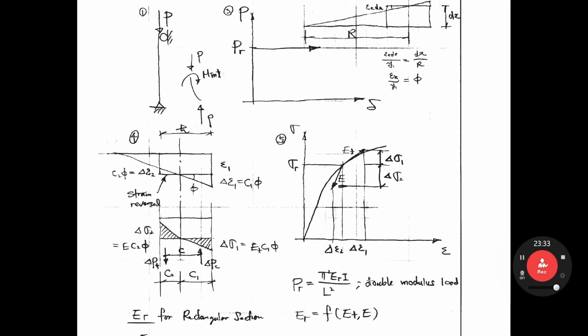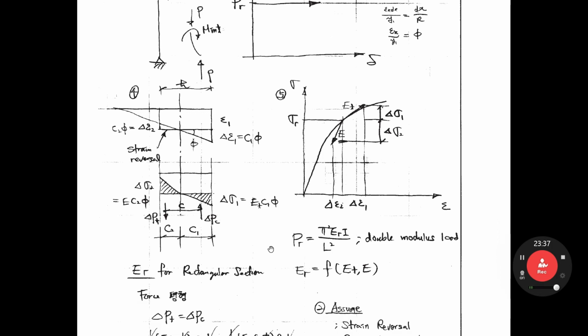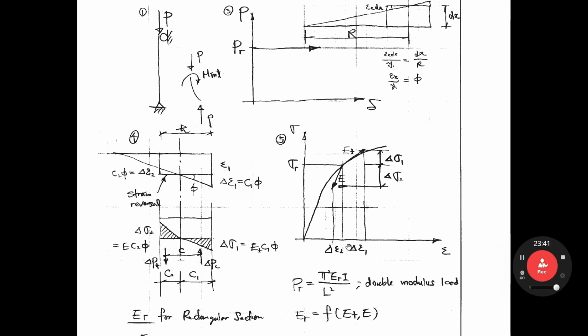That is the assumption. Then let's look at the strain curve first. Firstly, this point is epsilon 1, corresponding to the buckling stress. And then what happened? Small bending occurs, buckling occurs. So stress due to bending occurs, so strain occurs. As you see, the moment occurs clockwise. This right hand side is compressive. Delta epsilon 1.